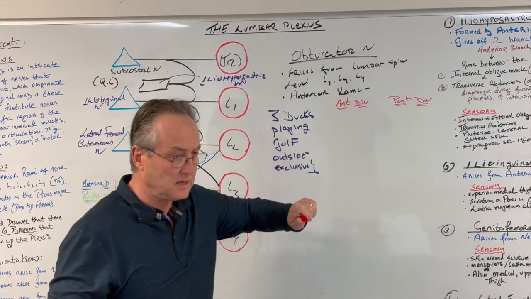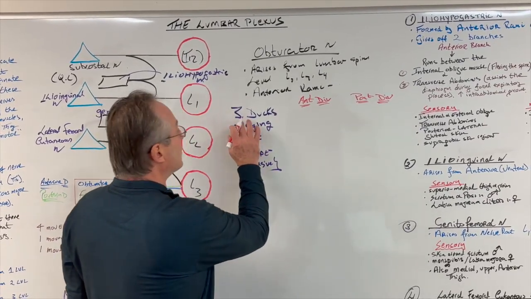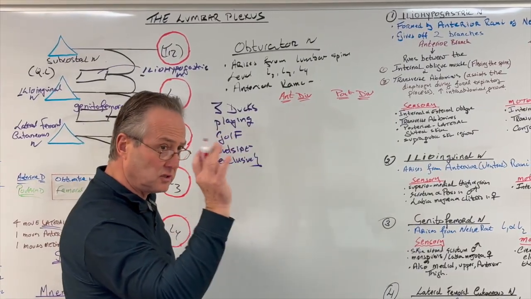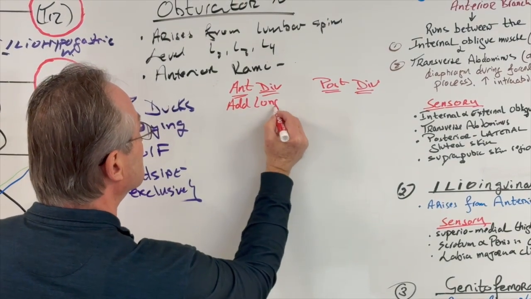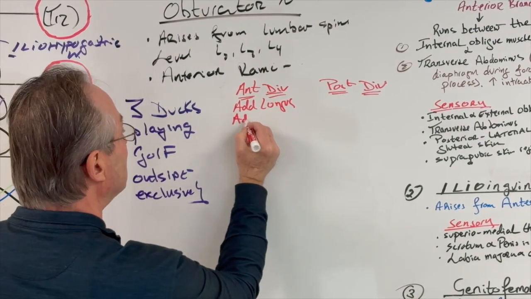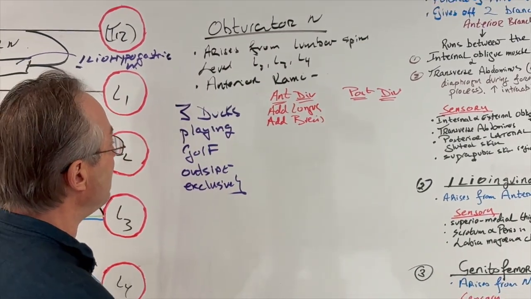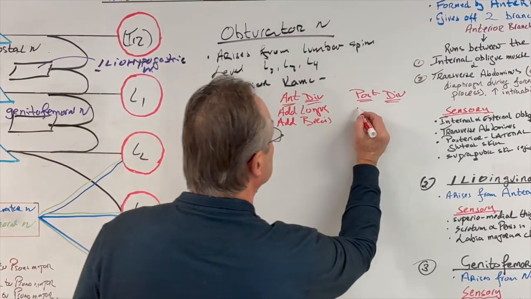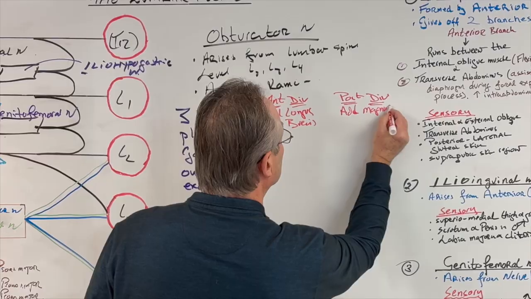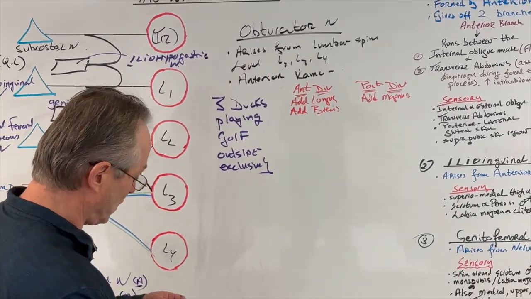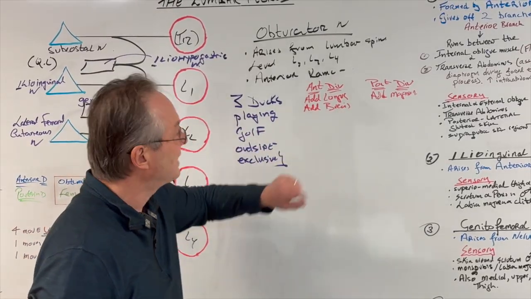But where do they fit into the anterior and posterior division? So the 3 ducts, the anterior division is going to be your adductor longus, adductor brevis, and the adductor magnus is in the posterior division. So adductor magnus in the posterior division. So those are your 3 ducts, adductors.